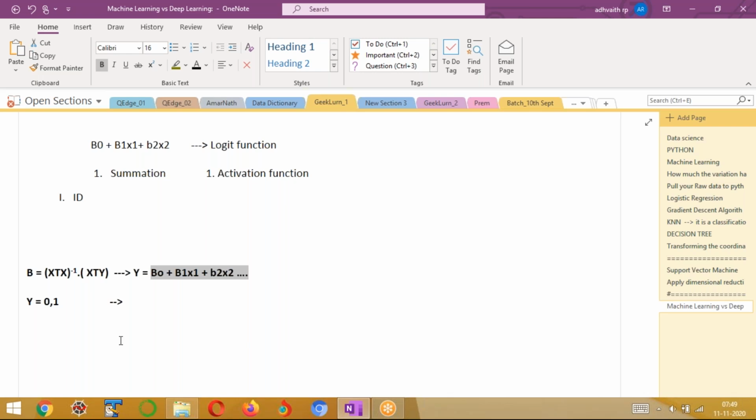My inputs are calculated with a linear algebraic formula, and we calculate these values like this. But what is my result here? Y is equal to 0, 1. So in order to convert these values into the form of 0, 1, what have I done in machine learning concepts? That's my question.